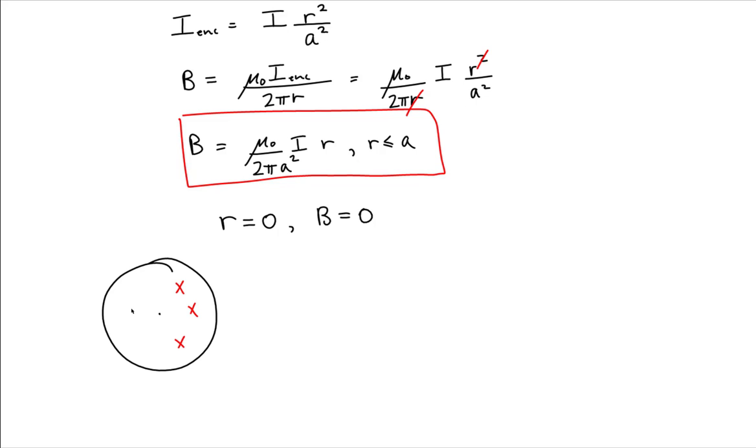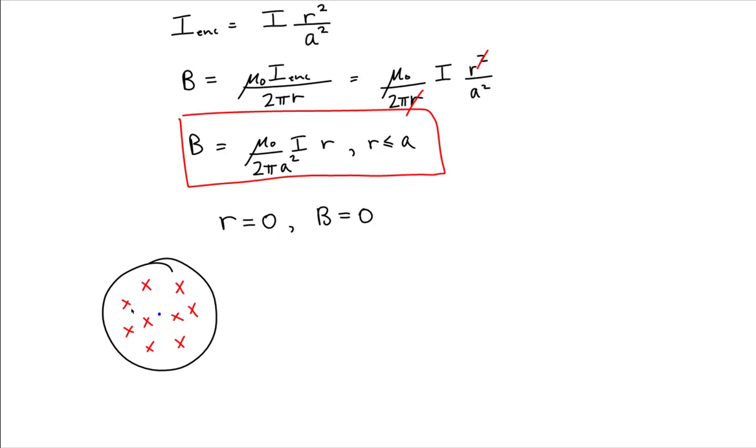So if our current is moving straight away from us, but the radius of our Amperian loop is 0, our loop encloses 0 current. Since our loop encloses 0 current, there is 0 magnetic field. So that makes sense.